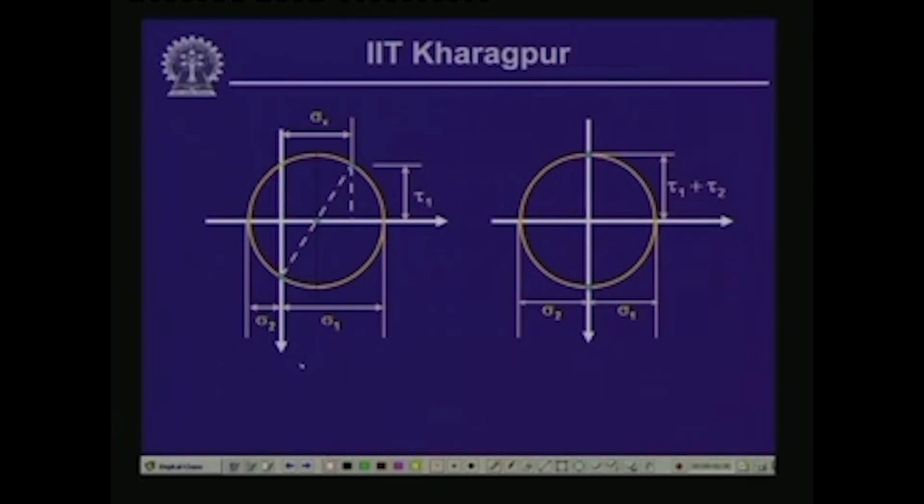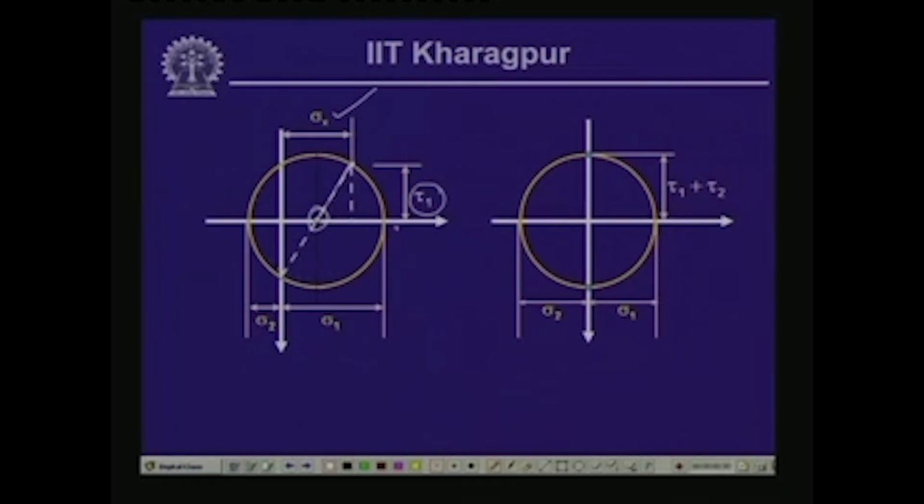Now, in the first case, where you have the normal stress sigma x and tau 1, this is the point representing the stress; sigma y is 0 and you have the shearing stress only on that particular plane. If you join these 2 points, this particular point gives you the center of the Mohr circle, with this as a point, this as the center and this as the radius.